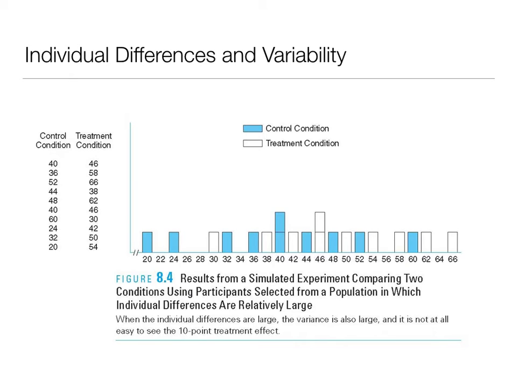Here's the exact same idea. It's again the simulated experiment comparing 2 conditions. However, this population has a lot of individual difference in it. This is a diverse group of people. And here you see that we don't see those same clusters of control findings versus treatment findings because there's a lot more variability in our data.